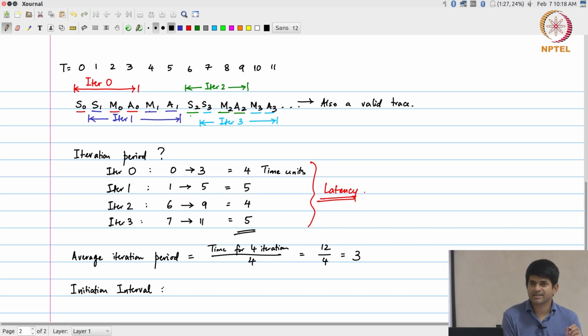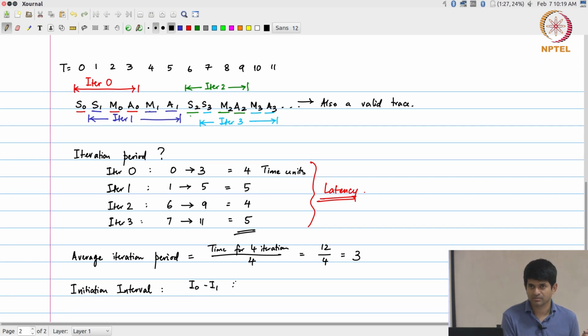What do I mean by this? I am essentially asking the question, after iteration 0 starts, what is the time before iteration 1 can start? So from I0 to I1, what is the time?